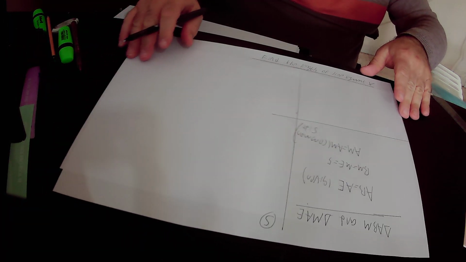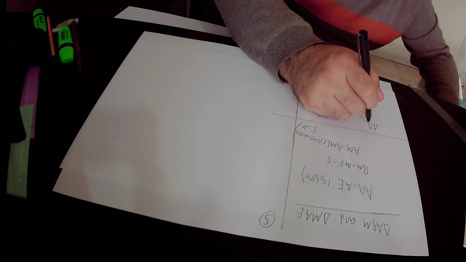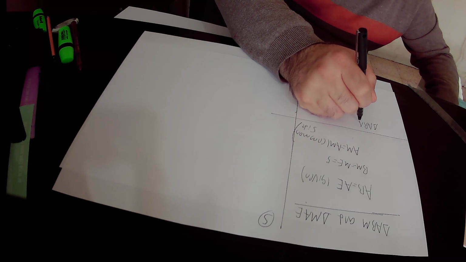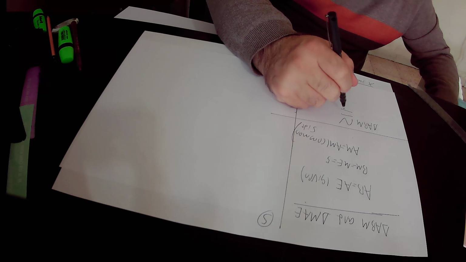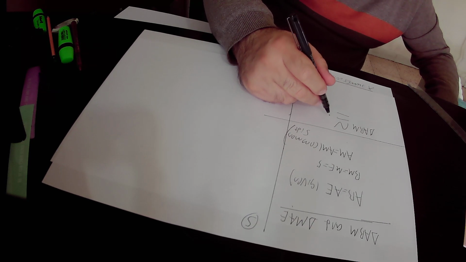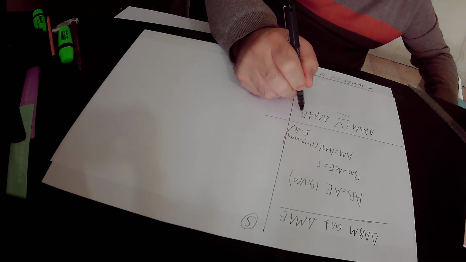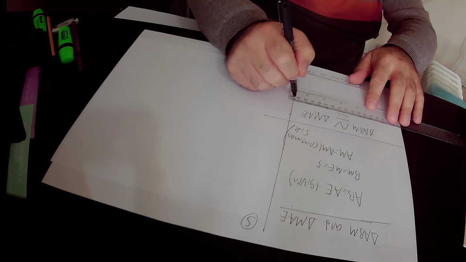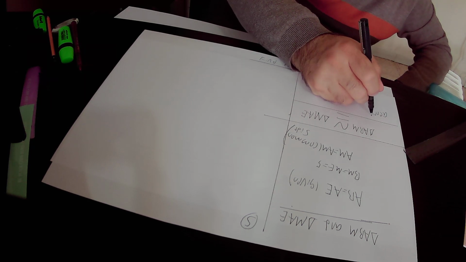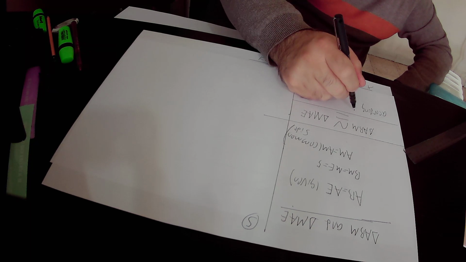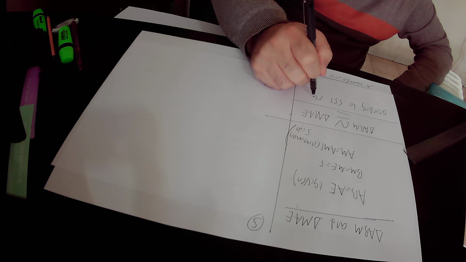We actually proved that triangle ABM is congruent, this is the sign of congruent, to triangle MAE according to side rule.